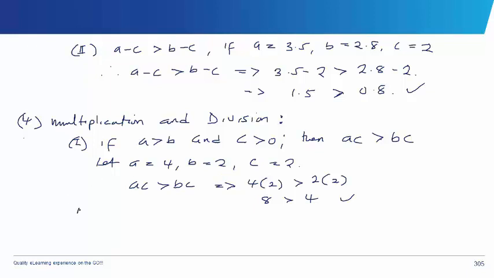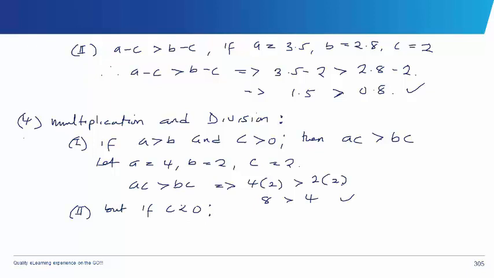Alright, let's check for some other conditions under the same multiplication and division. But what if C, the multiplier, is a negative real number, in the sense that it is less than 0? Let's find out what happens.